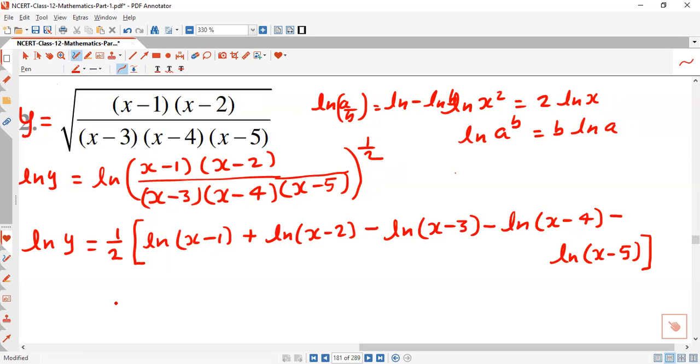Now again we differentiate this function with respect to x.